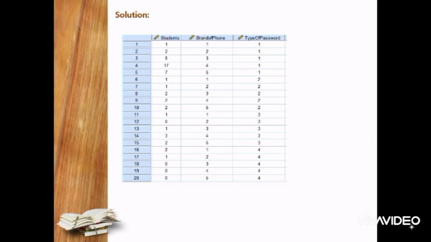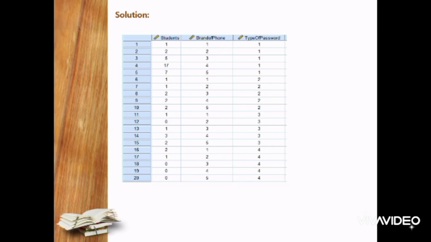So we can get this data, and we can find the output when we select data, go to weight cases, and we click the student into the weight cases by to move to frequency variable, and then click OK.